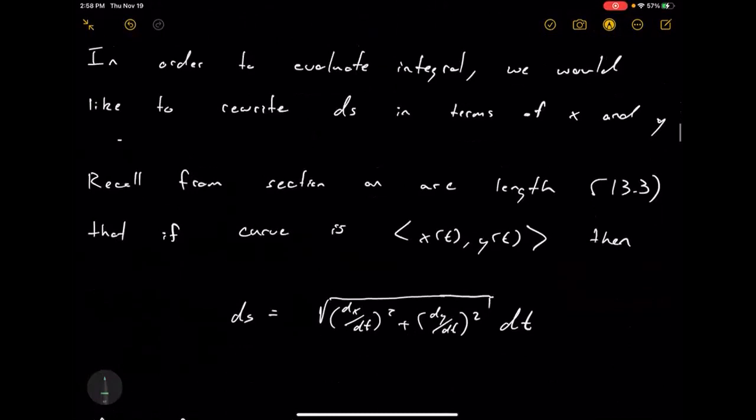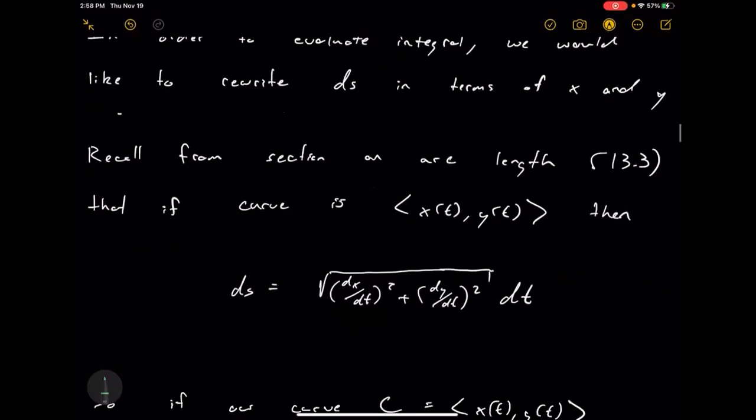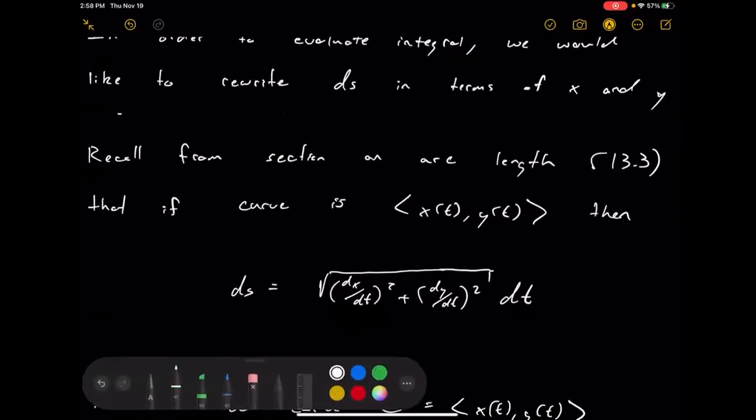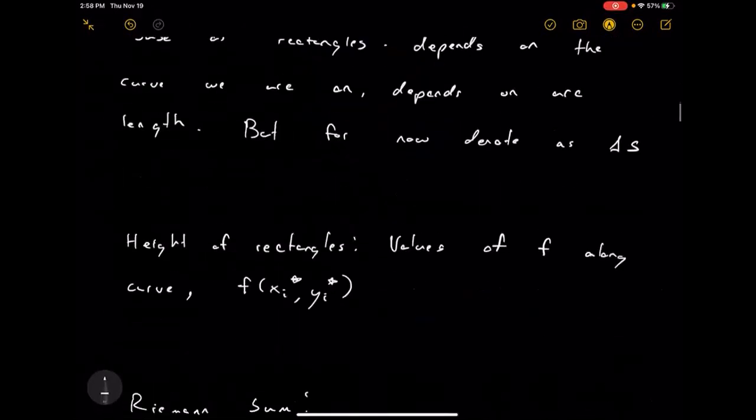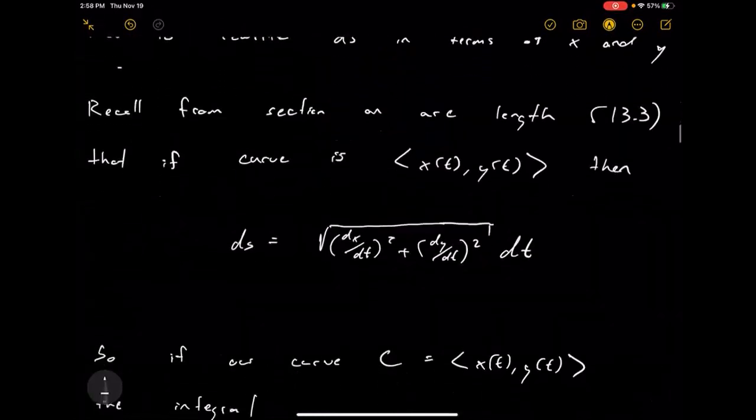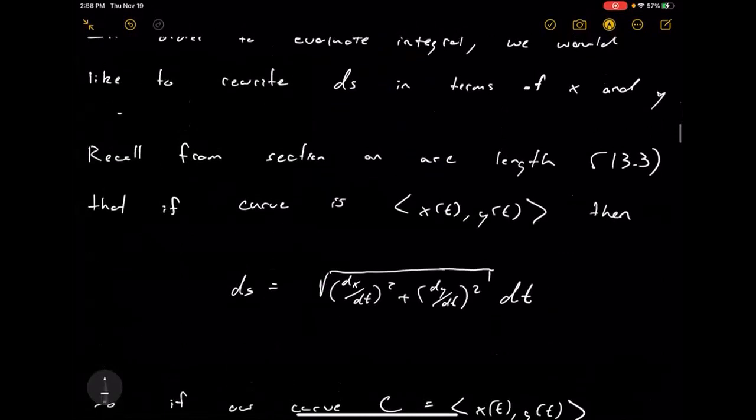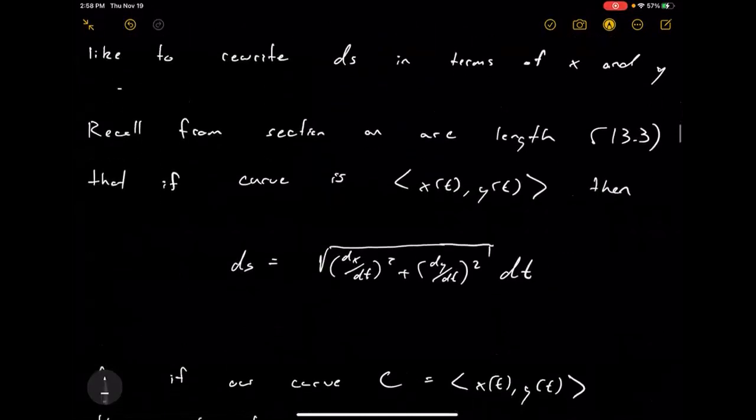So we know from section 13.3 that if we write this curve in 2D, let's say as r of t equals x of t, y of t, we have this parametric curve. If we write it like that, then our arc length is going to be what?